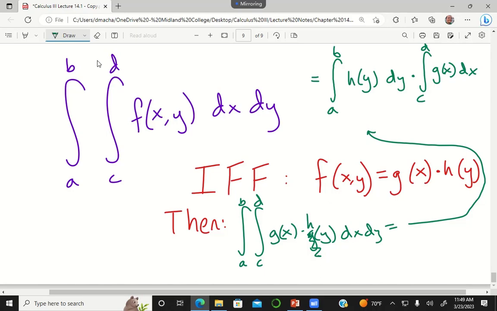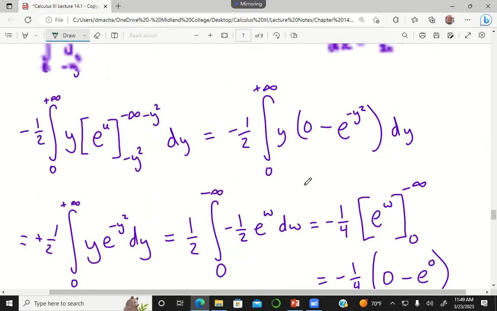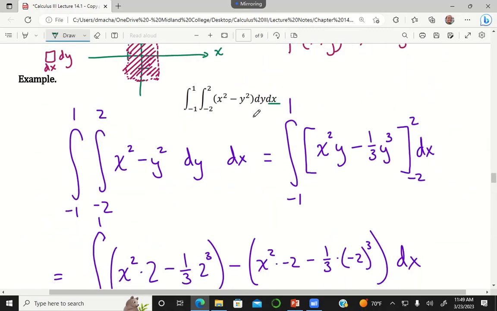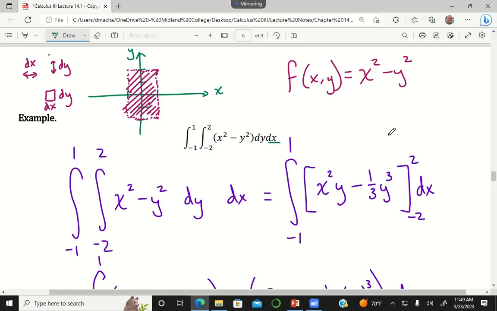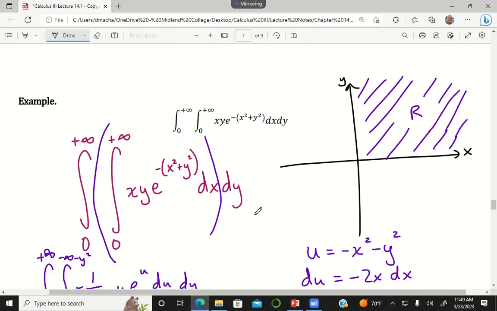So let me point out the two cases where this works and doesn't work. In this integral, my function of x and y was x squared minus y squared. I cannot write this as a function of x times a function of y, right? There's no way to do it. So you can't use that trick on this double integral. But in the one we just did, my function here of x and y is x times y times e to the negative x squared minus y squared.